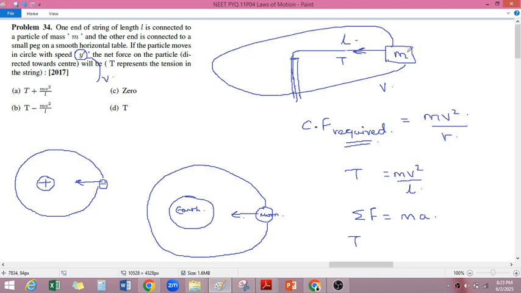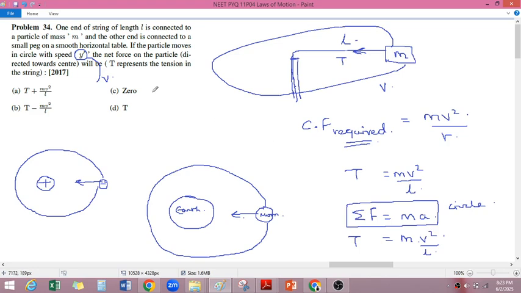So T is equal to m into acceleration, which is v squared by r. Why v squared by r? That is your centripetal acceleration. This is the most important formula, sigma F is equal to ma. So far we have been using it in the linear world, now we are using it in the circle, where the acceleration is not linear, it is centripetal acceleration v squared by L.